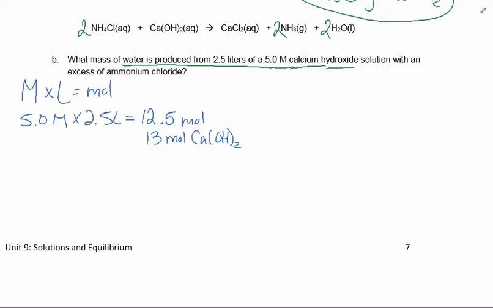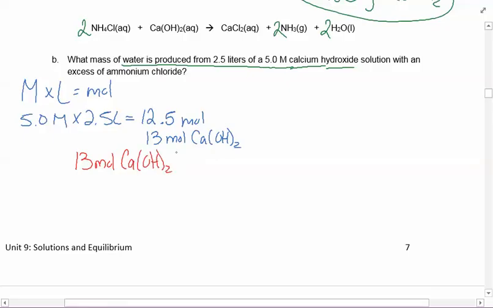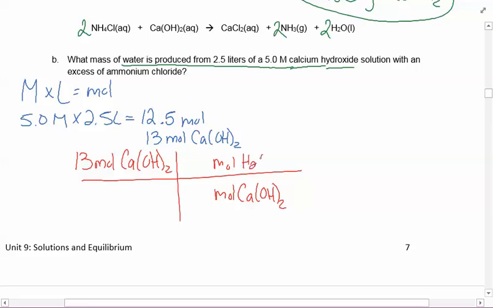So now that we have moles of calcium hydroxide, we're going to do the exact same process we did above. 13 moles of calcium hydroxide. Since I'm in moles of calcium hydroxide, I can then go to my stoichiometry step directly. And I want to know the mass of water, which is H2O.